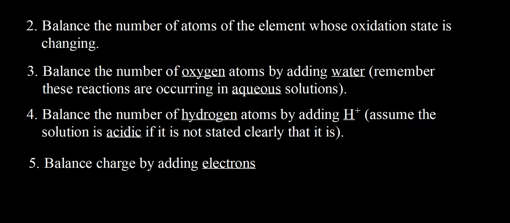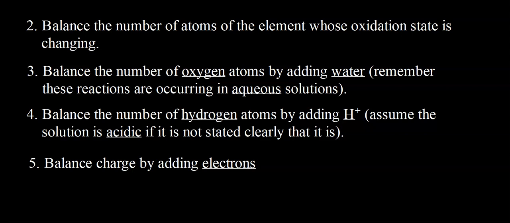Remember that these redox reactions occur in aqueous solution, so there is water present, and so we're going to balance the oxygens by adding waters. It should be noted also that you need to add 1 water per oxygen that you need to balance. That's important for number 4.